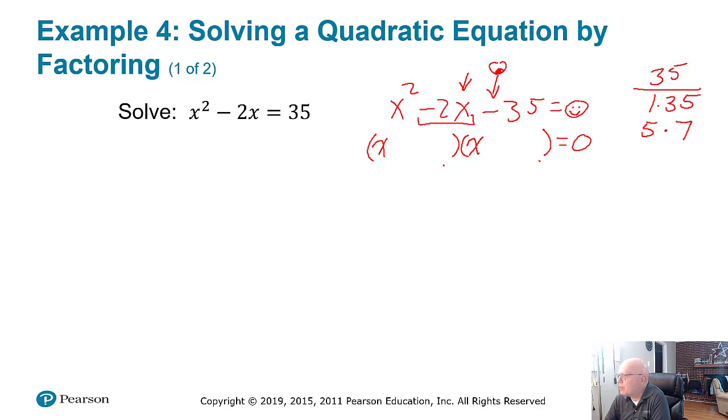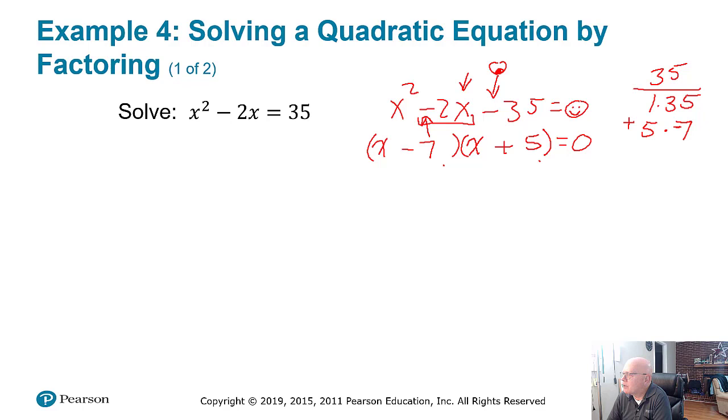When we add those together with different signs, we end up with a minus 2x. So the bigger number had to be negative because of that minus 2x. So this would be a negative 7, and of course a positive 5. So x minus 7 times x plus 5, and there you go.